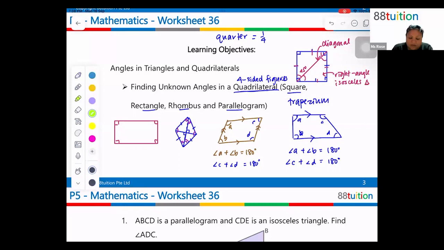So quadrilateral is also known as four-sided figures. Whereby the sum of angles in a four-sided figure must be equal to how much? If the sum of angles in a triangle is 180, then if you look at the square, it is made of 90, 90, 90, 90. So the sum of angles in a four-sided figure or a quadrilateral is 360 degrees.